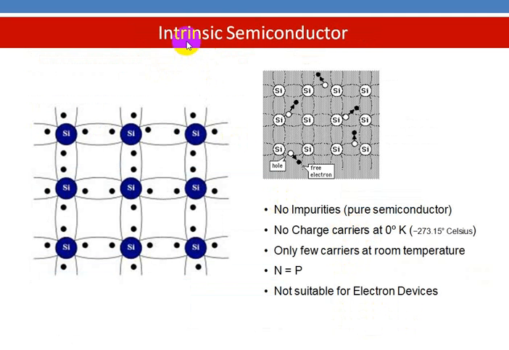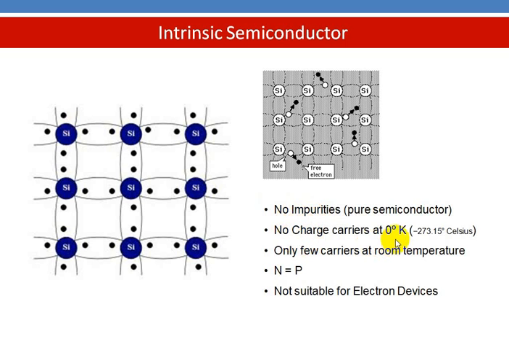Coming to the intrinsic semiconductor, it is made of pure silicon. If you take pure silicon, it has 4 electrons in the outer shell. They are bound to the nucleus. So in an intrinsic semiconductor, pure silicon is used, and there will not be any impurities since it is a pure semiconductor.